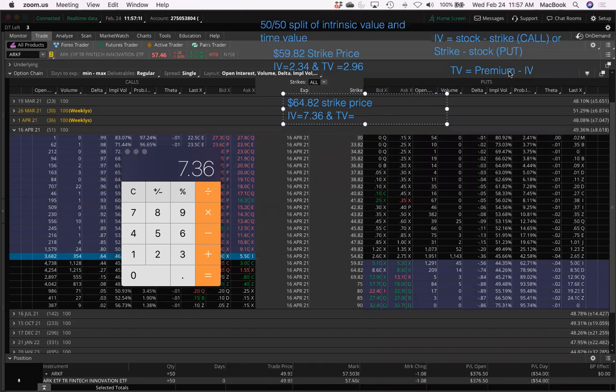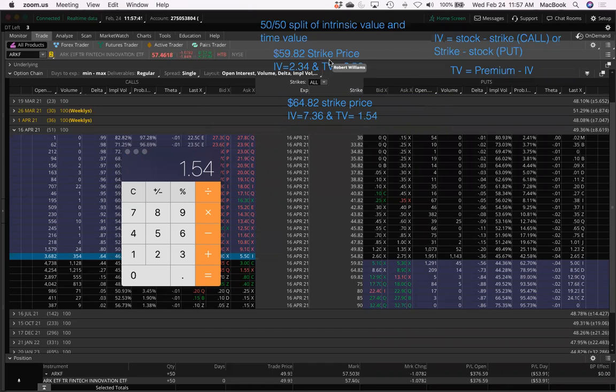Time value equals premium minus intrinsic value. So premium is $8.90. You already see where we're going here. $8.90 minus 7.36 equals 1.54. Obviously, you can tell that that is not a 50-50 split.